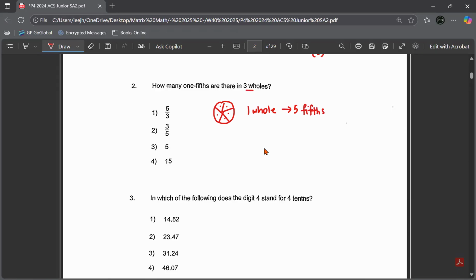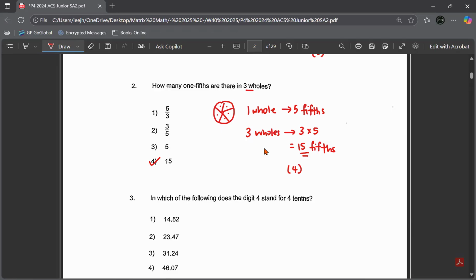So I need 3 wholes, means 3 of this. So if I want to find 3 wholes, it will be 3 groups of fifths. So it will be 3 times 5, 15 fifths. So where is 15 fifths? It is actually number 4. So our answer is 4.